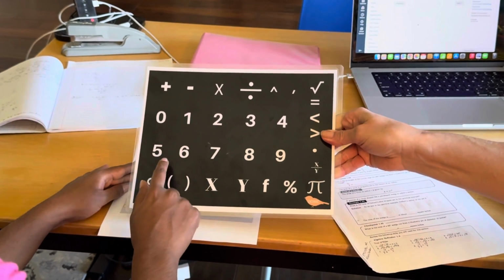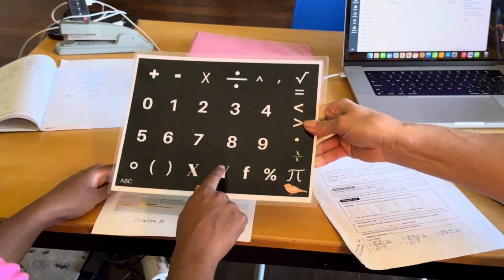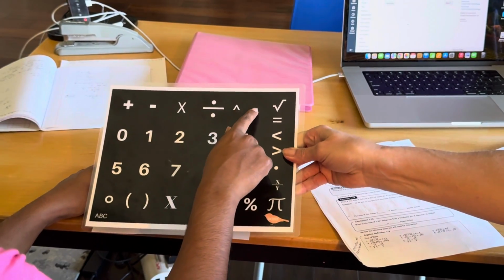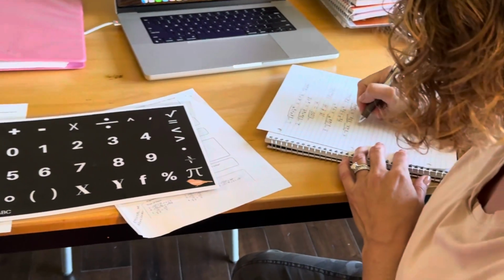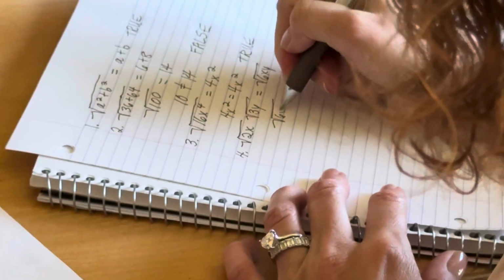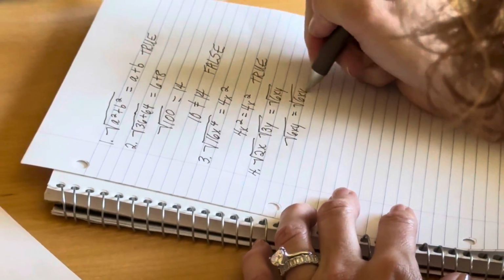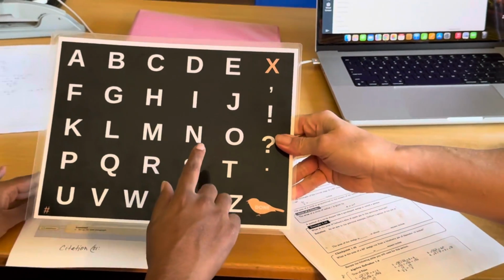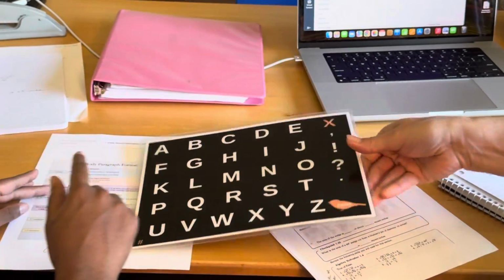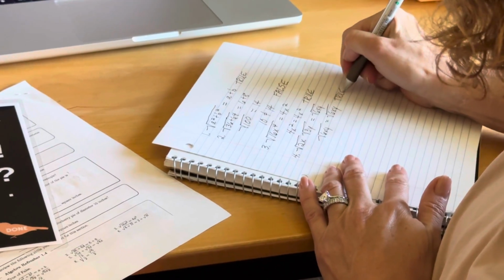Square root of 6xy. So square root 6xy equals square root 6xy. Is that going to be true or false? You can just do T or F. Yeah, it is true. Good. All right, there's that.